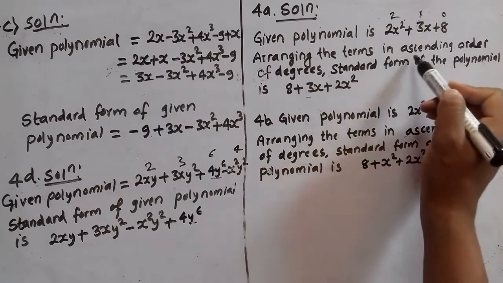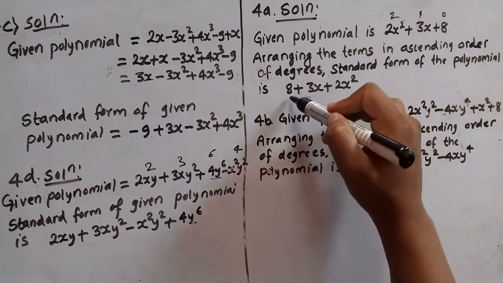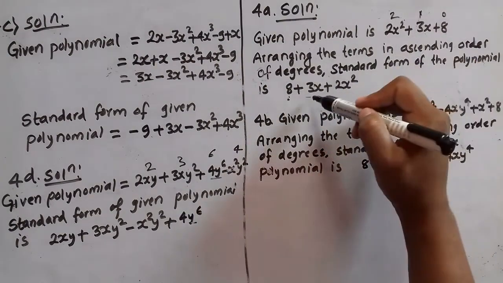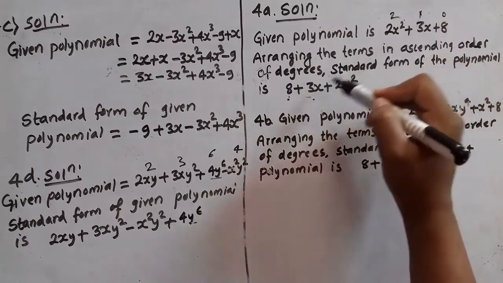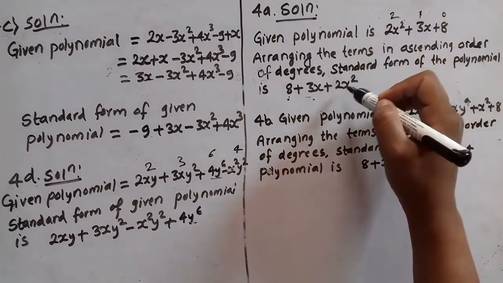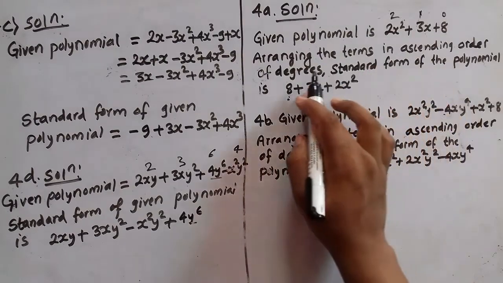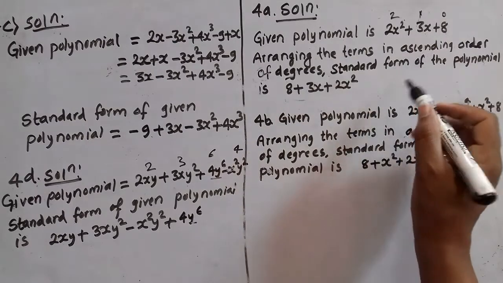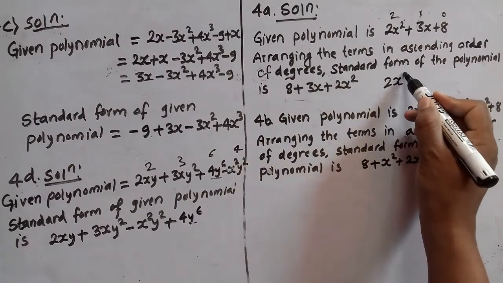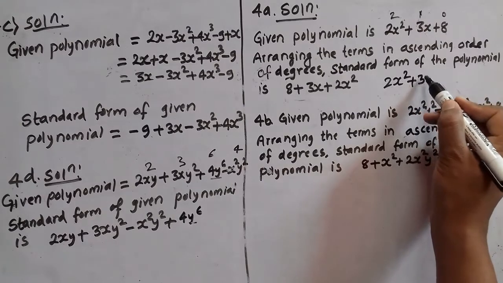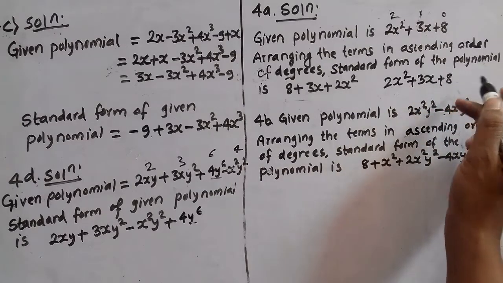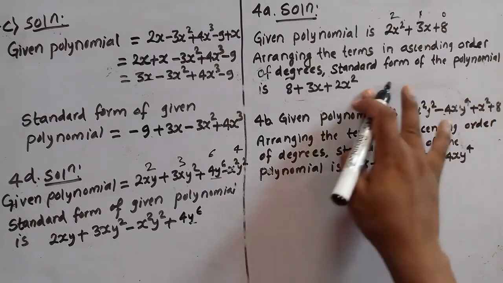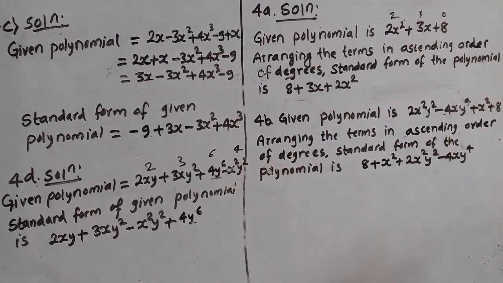Since we are arranging in ascending order, at first we write the term containing degree 0, that is 8, then the term containing degree 1, 3x, and then the term containing degree 2, 2x square. We can arrange this in descending order also and make the standard form like this: 2x square plus 3x plus 8. We can do it either way, but we do not need to do both processes.